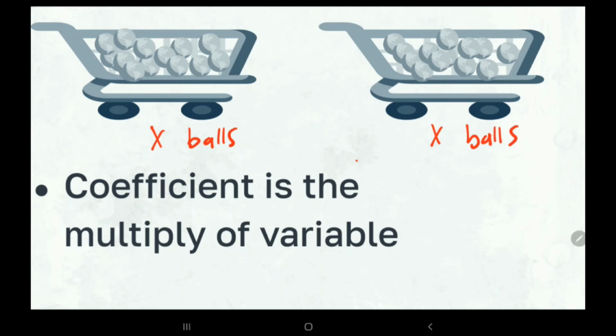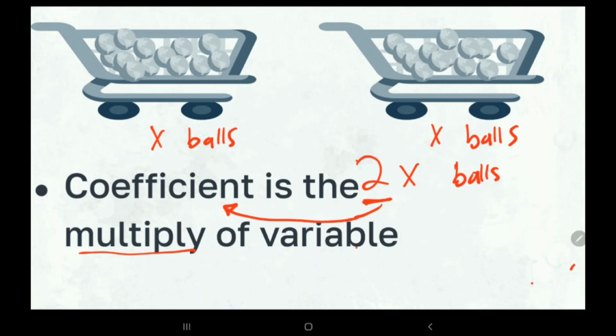Since we have two carts, and they both have the same amount, which is x, we can write 2x balls, and this is basically the coefficient, which is the multiplier of a variable. It comes in front of the variable, so to the left of the variable. And later on we will see many examples regarding coefficients.